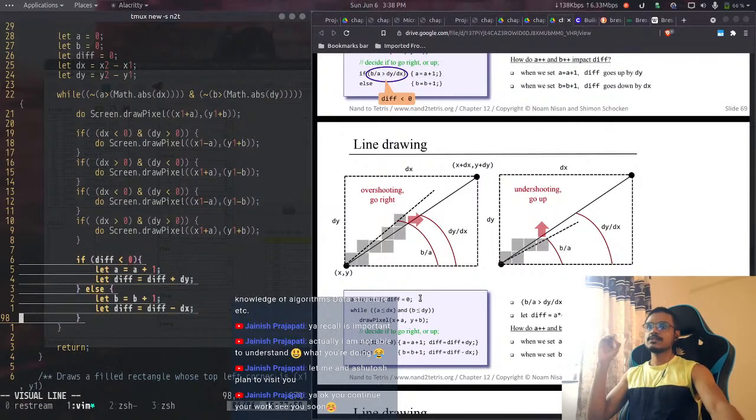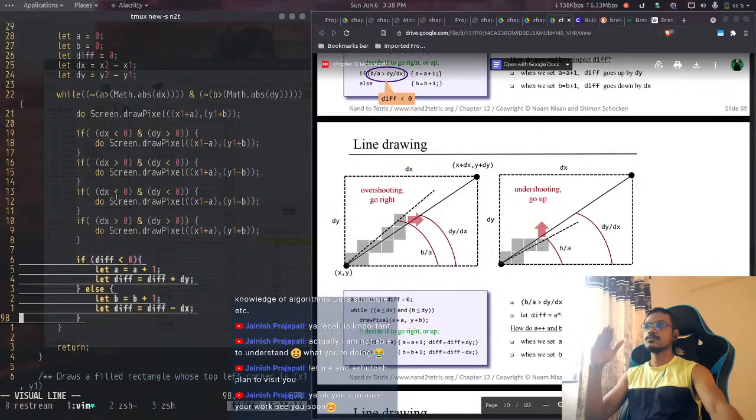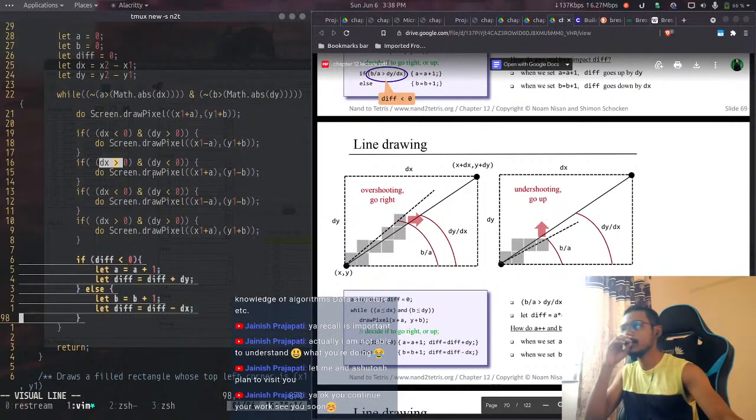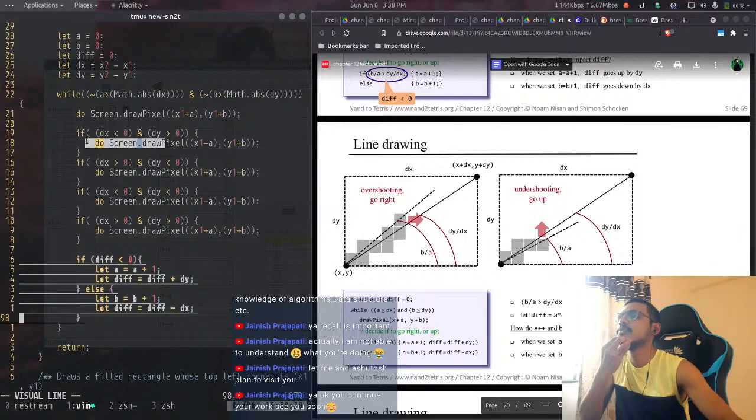So in this case, x will be increasing, so dx will be positive, but dy will be negative, right? Let's not worry about other cases.